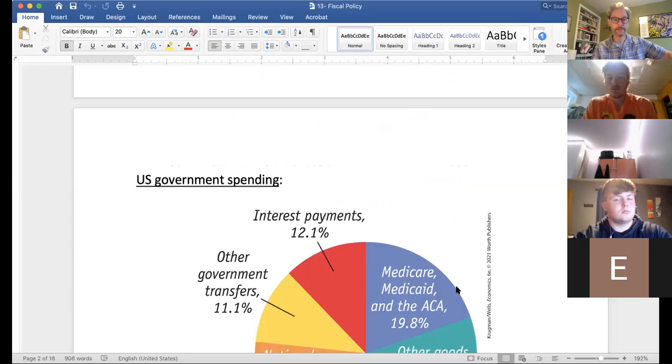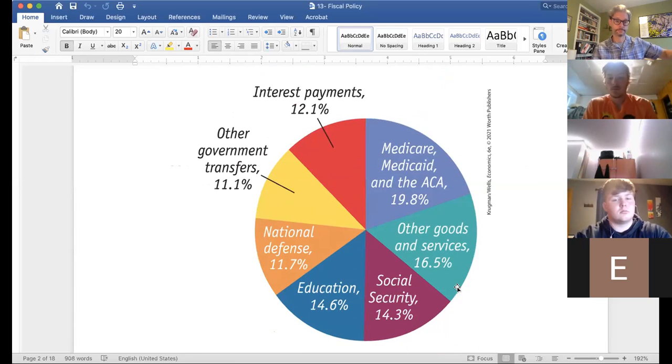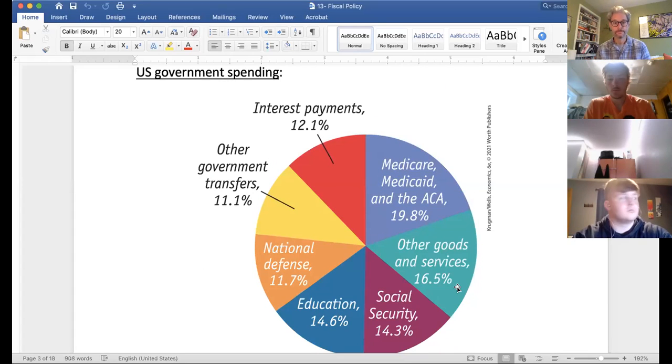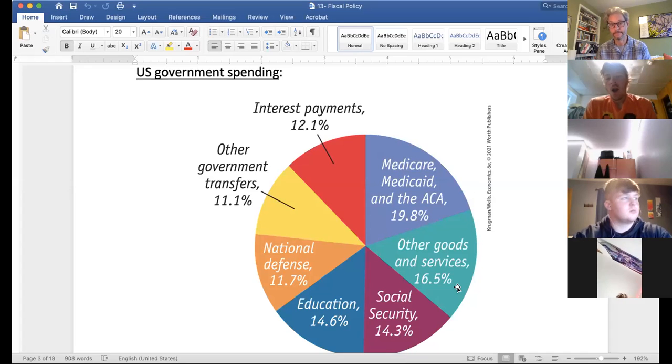What about government spending? All right, well, we see a little bit more complicated picture here. First off, notice that the federal government does a lot of different things. The purplish blue here is Medicare and Medicaid.